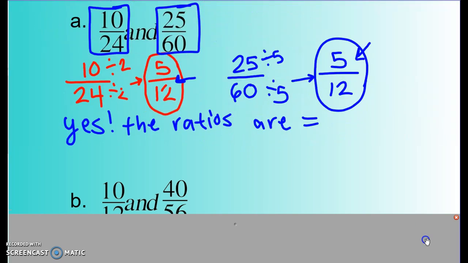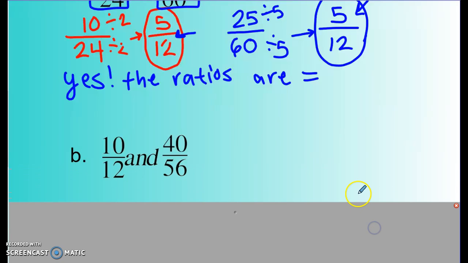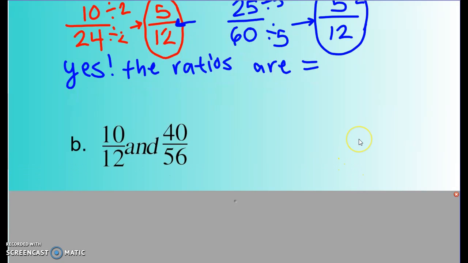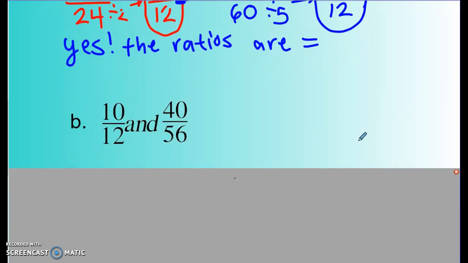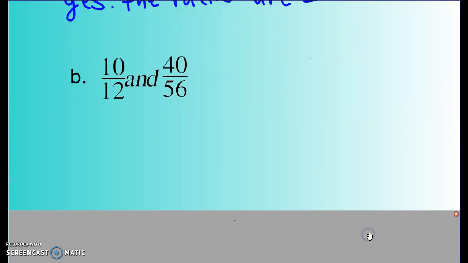So example 2 then, we have the ratio 10:12 and 40:56. And our job again, we just want to simplify them and then see, do they match in the end? So if I take 10:12 and ask myself, what can I divide each of these ratios by?